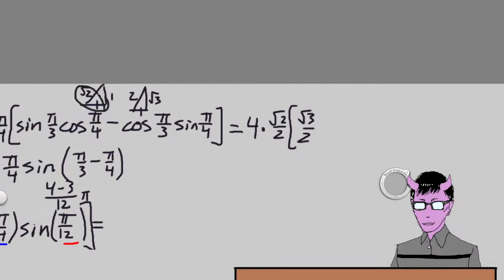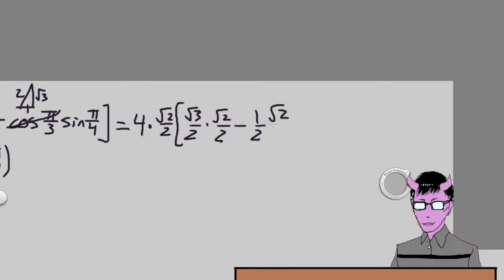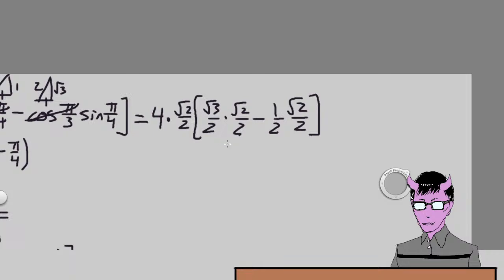Cosine of pi over 4, root 2 over 2. Minus cosine of the wide angle, which is this one right here, so it's going to be 1/2. And then sine of pi over 4, root 2 over 2. Close the brackets.